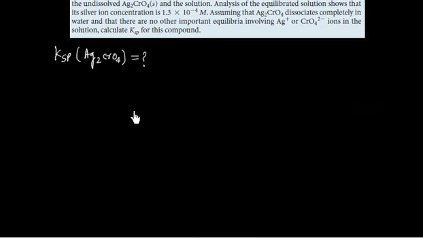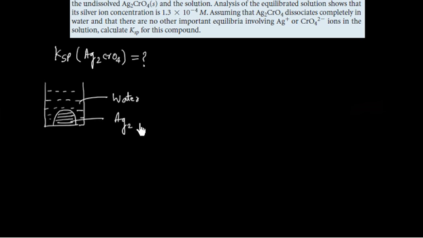When you add Ag2CrO4 in water, what will happen? If you add Ag2CrO4 solid into the water, so this is the water solution, and this is the solid of Ag2CrO4. Now some of the Ag2CrO4 molecules will go into the water, that will dissolve.